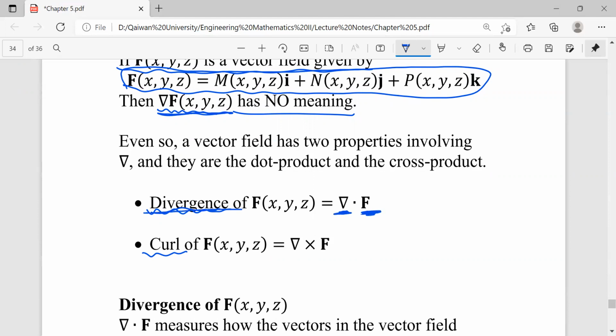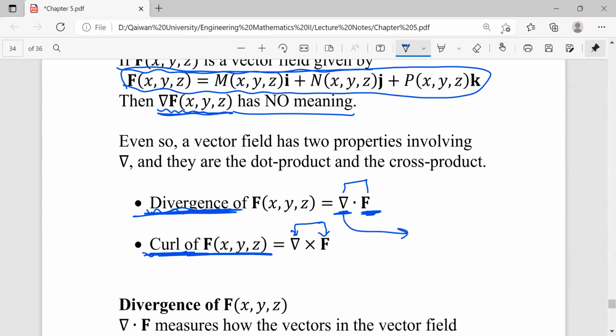We find the dot product between del and the vector field. The second is the curl of the vector field, which is the cross product of the gradient, or del, and the vector field.